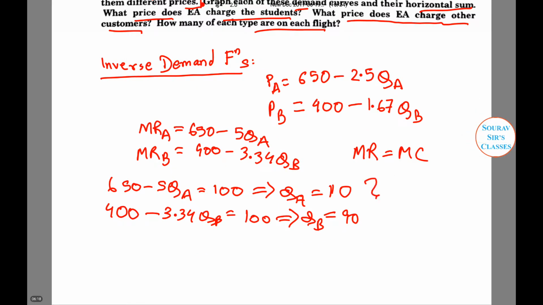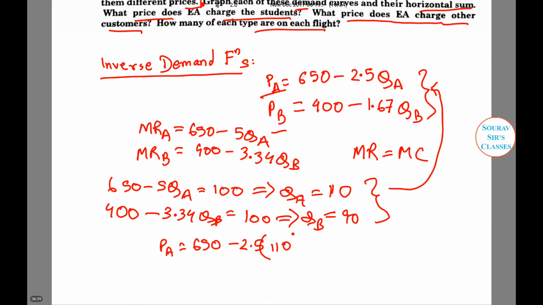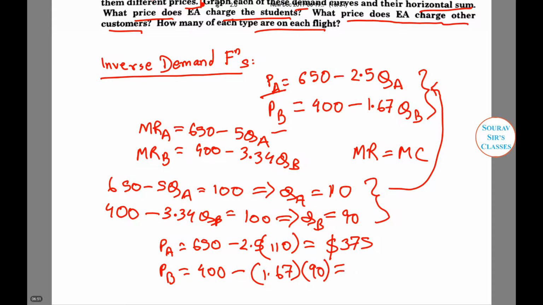Now putting QA and QB into the demand functions, we find the appropriate price in each sub-market: PA equals 650 minus 2.5 times 110, giving us $375, and PB equals 400 minus 1.67 times 90, giving us $250.